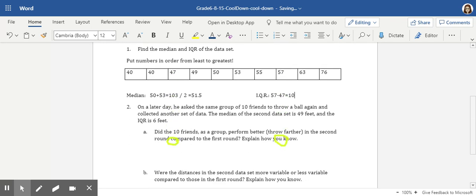Okay. Now, number 2, it says on a later day, he asked that the group perform better, throw farther in the second round compared to the first round. Explain how you know.